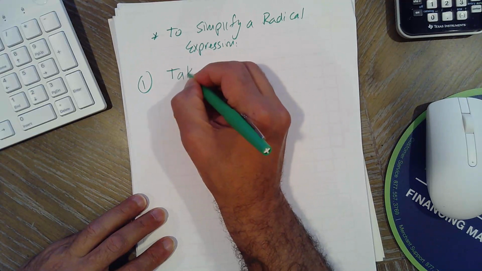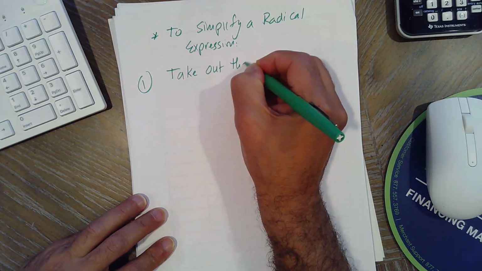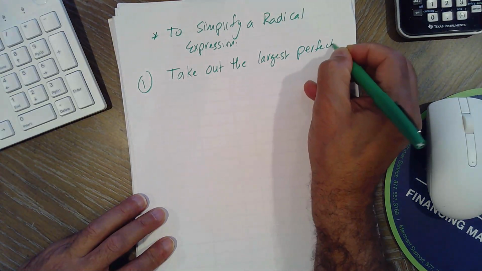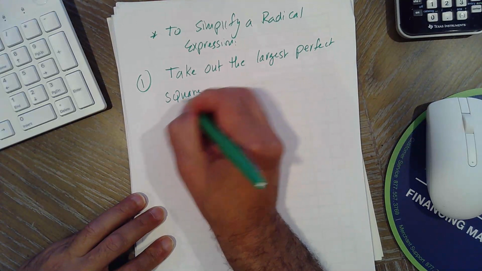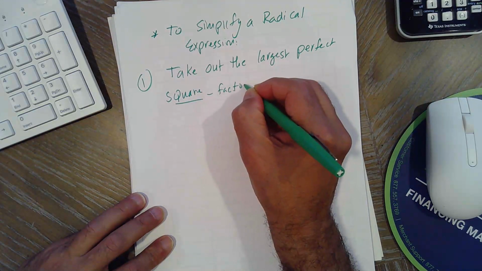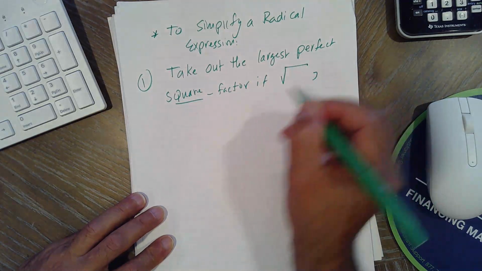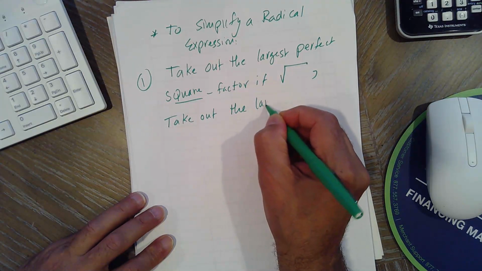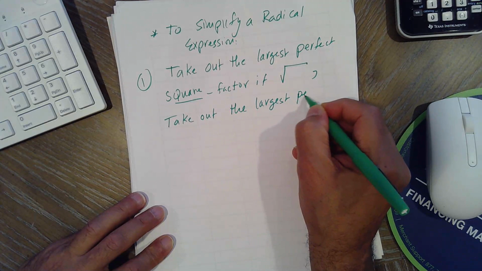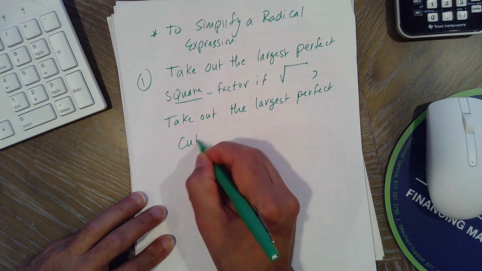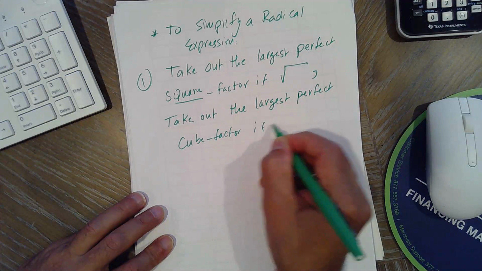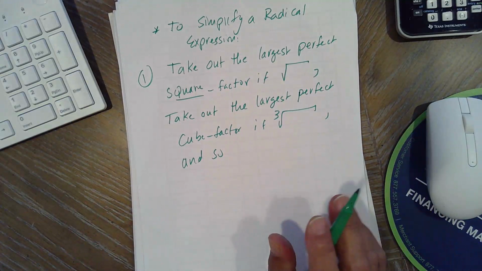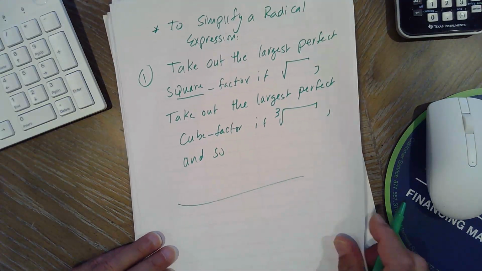We want to take out the largest perfect square factor if you have a square root. You want to take out the largest perfect cube factor if it's a cube root, and so on. So it really depends on the index, okay? That's what you're going to do first. So let me show you a few examples about that.